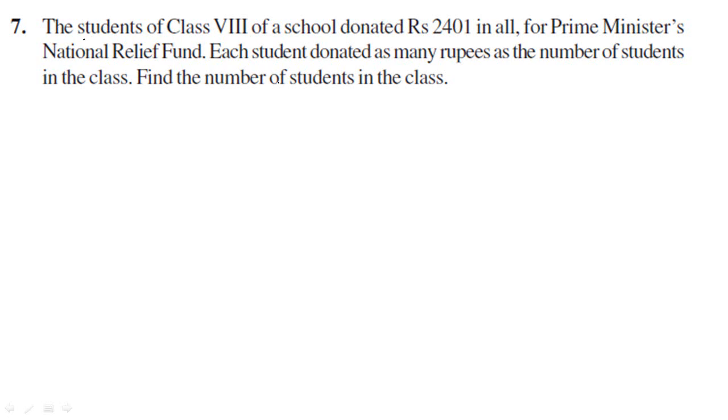So we have to find out the number of students in the class. So we can take it to be x. So let the number of students in the class be x.